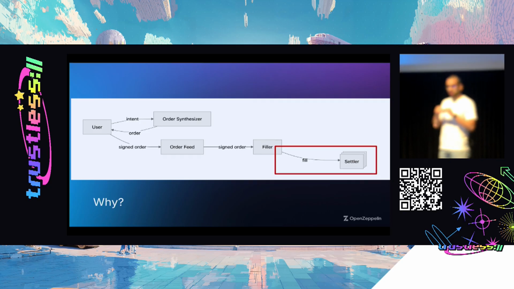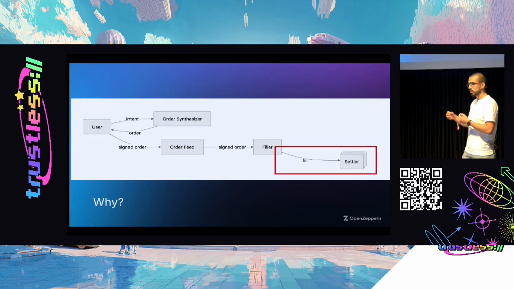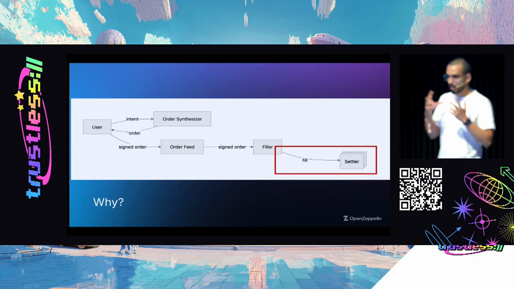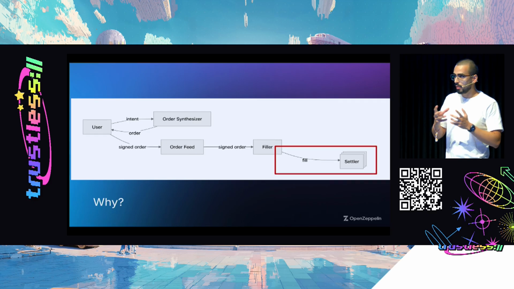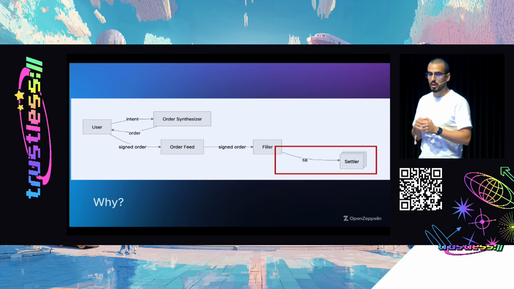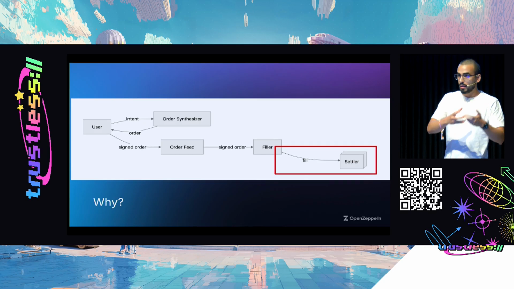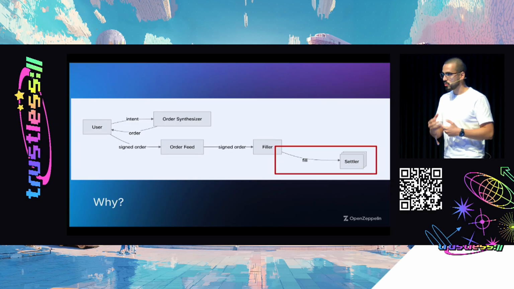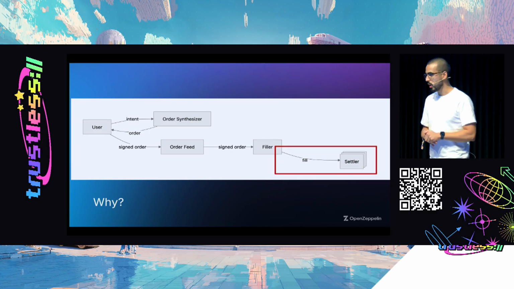So the goal and the ideal that the ERC is going for, and that the authors originally saw as a problem and wanted to solve, is to say, well, can we have a standard whereby fillers are agnostic about the protocols that they are working with, and when someone comes in and develops a new intent protocol, they can get that filler network for free, and the filler can also get for free the order flow that goes to that intent protocol without doing so much development and specific integration that is currently required.